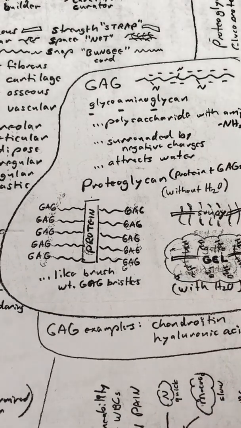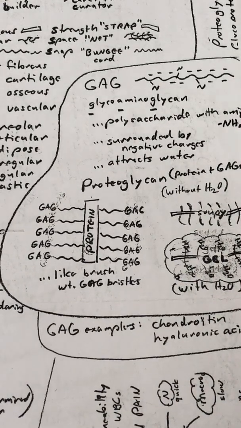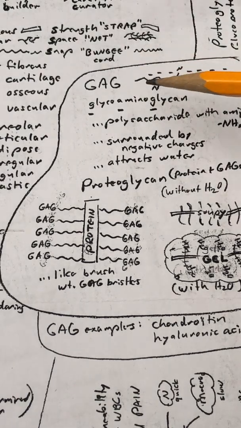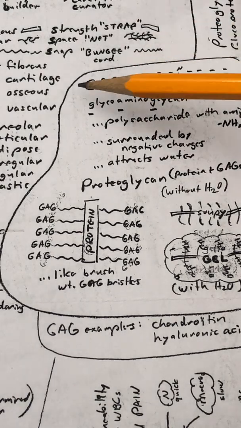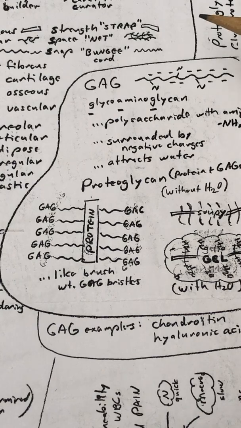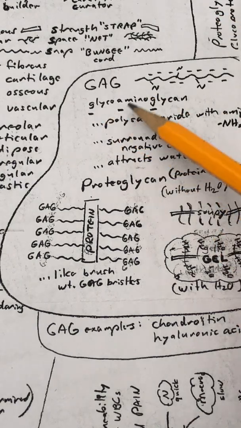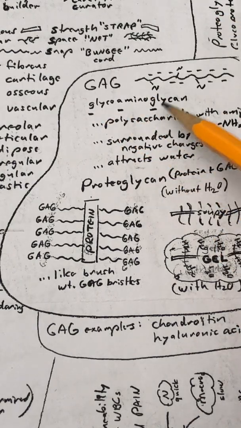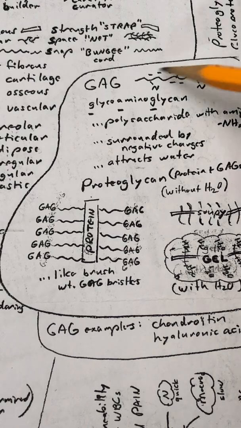Okay, something else over here that's kind of unique to connective tissue is materials called GAG molecules. And GAG stands for glycosaminoglycan. In general, it is a long chain that has nitrogen components on it, and it tends to carry a negative charge on the outside edge.